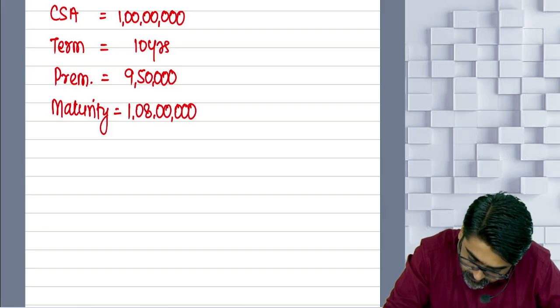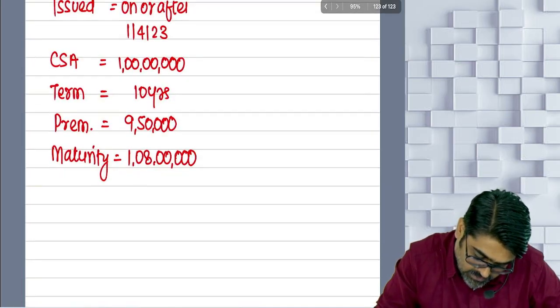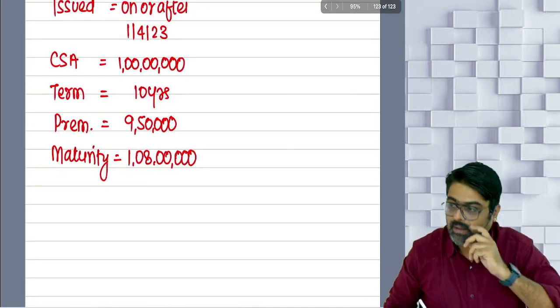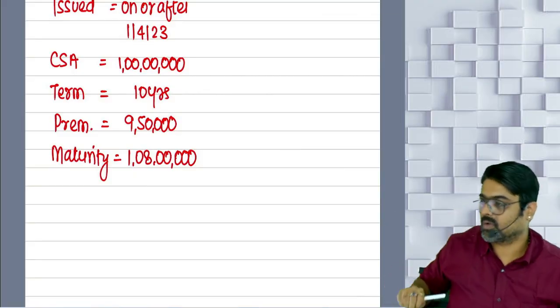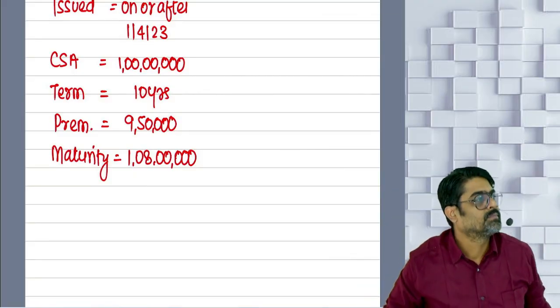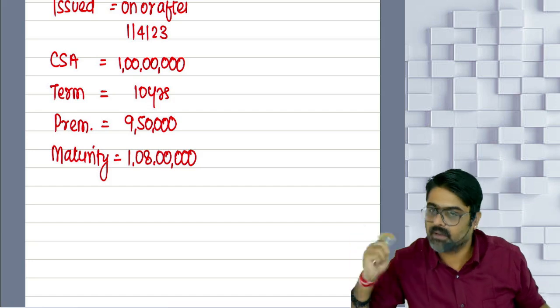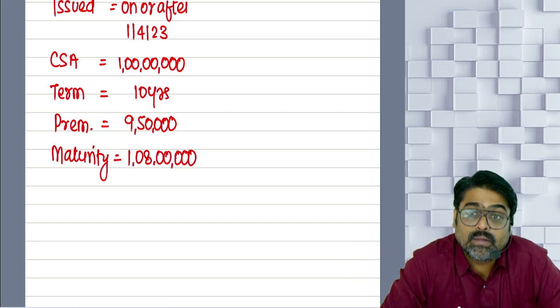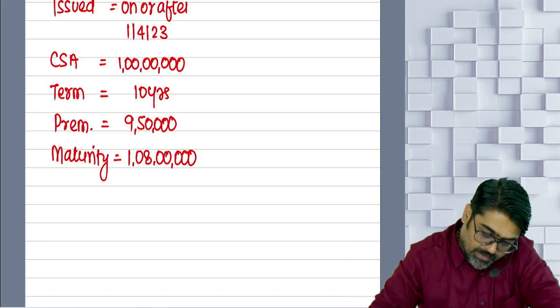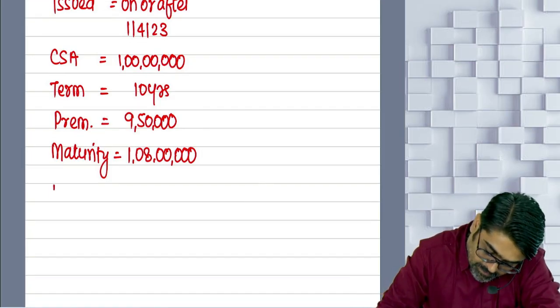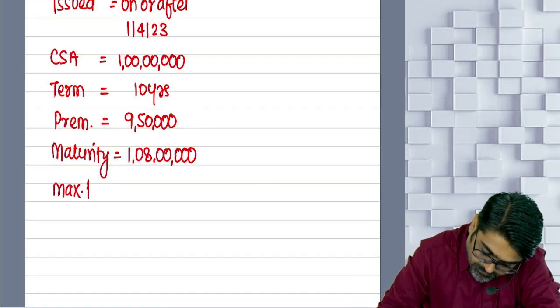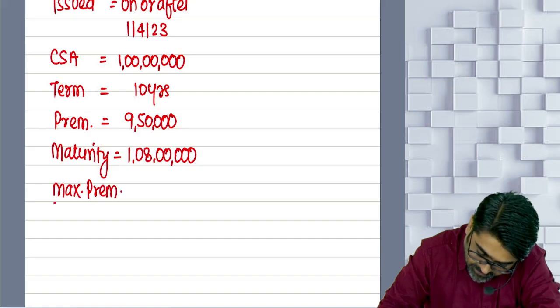Yes or no? Now see, if I want to take this 1 crore rupees policy, and since I am taking the policy on or after 1st April 2023, what will happen? Maximum premium which I can pay is how much?